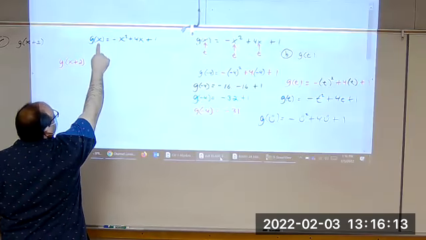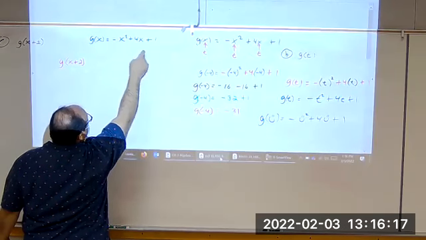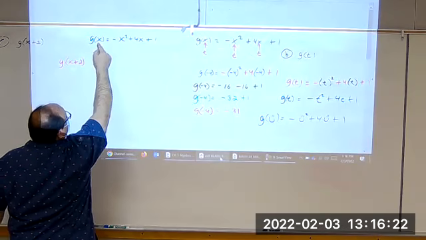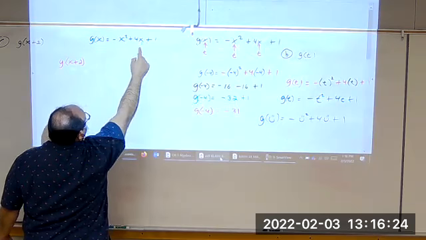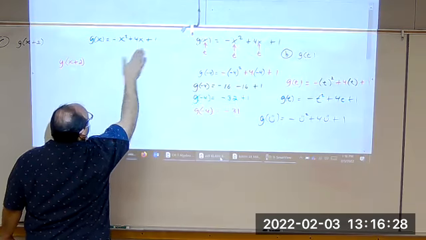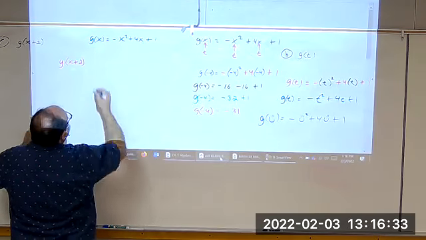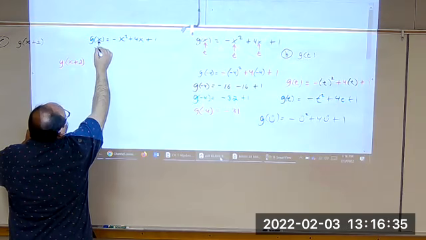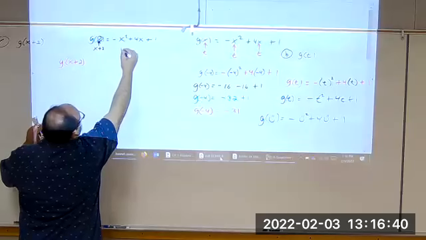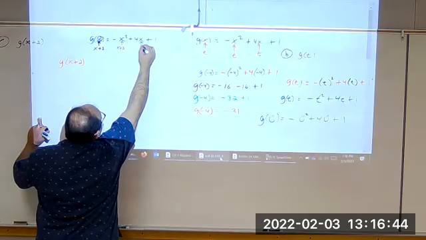When I plugged in negative 4, all the x's, one at a time, in parentheses, became negative 4s. When we plugged in t, all the x's got replaced with a t. When I plugged in happy face, then all the x's became a happy face. So this time, if I substitute x plus 2 in for that x, then every single one of these is now going to get replaced with an x plus 2.